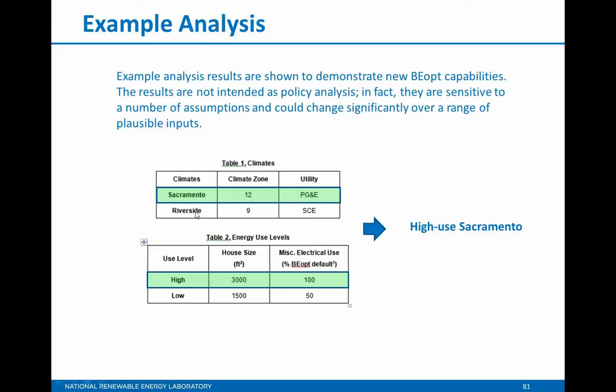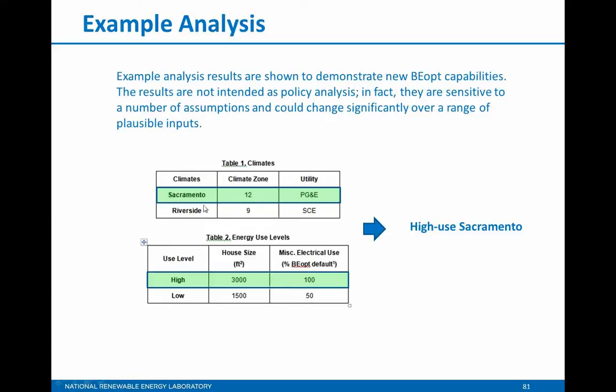Sacramento, and Riverside, which is east of LA in the Southern California Edison service territory. Two different climate zones, and some different building characteristics: a large house, a small house, and we also had the small house using a lower level of miscellaneous electrical use, to get some different cases.